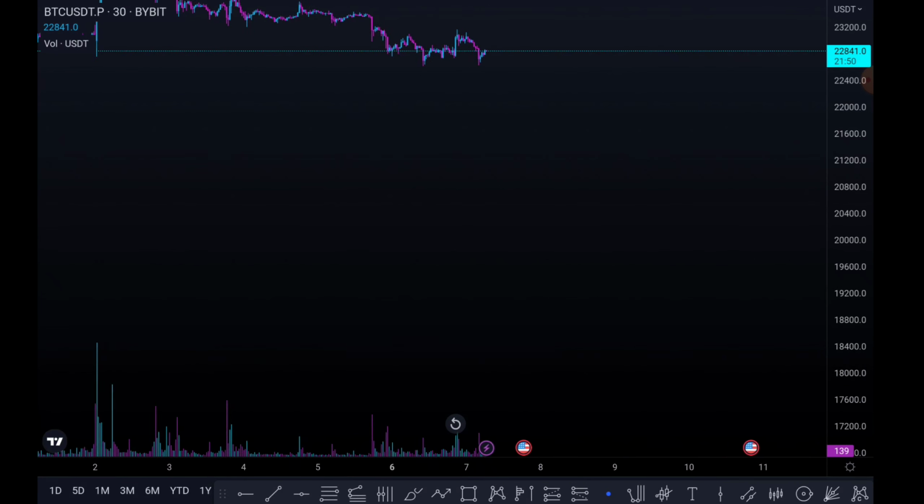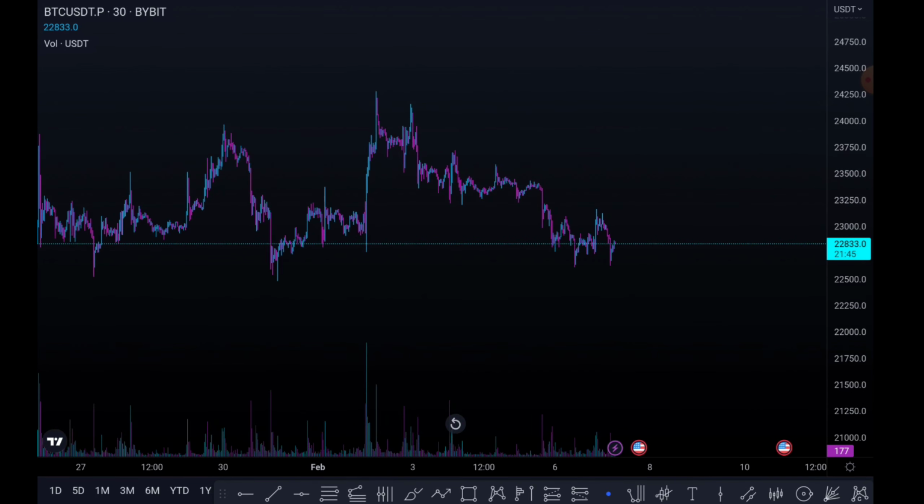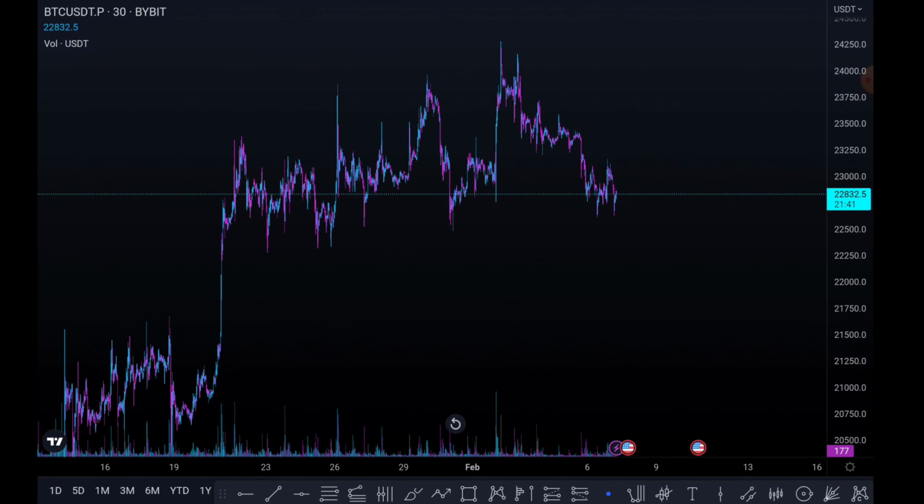Yeah, no volume, and we have started showing weakness. Like, we were in a constant uptrend, and we have already broken this low.